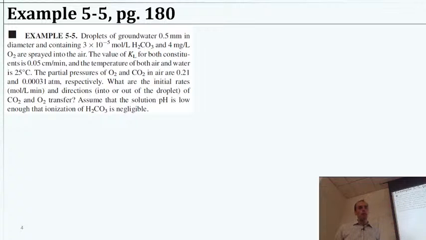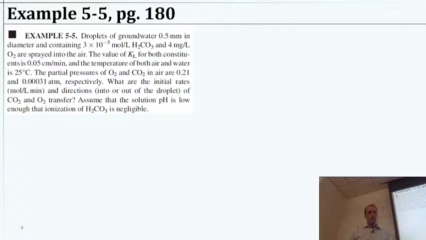So this problem says droplets of groundwater, half a millimeter in diameter, containing 3 × 10⁻⁵ moles per liter of carbonic acid and 4 milligrams per liter of oxygen are sprayed into the air. The value of KL for both constituents is 0.05 centimeters per minute. The temperature for both air and water is 25 Celsius. Partial pressure of oxygen and CO2 in the air are 0.21 and 0.00031 atmospheres respectively.